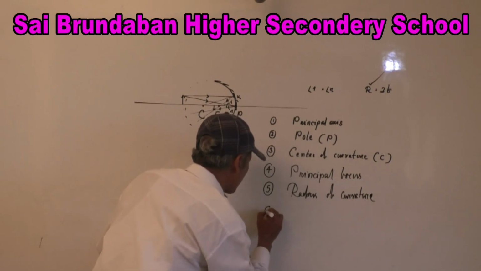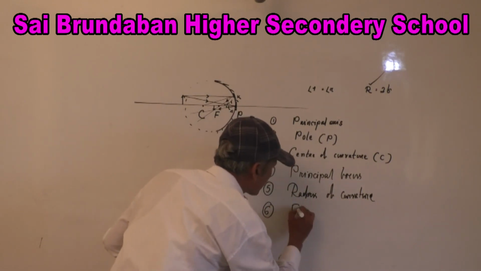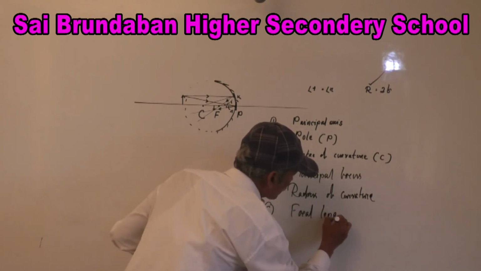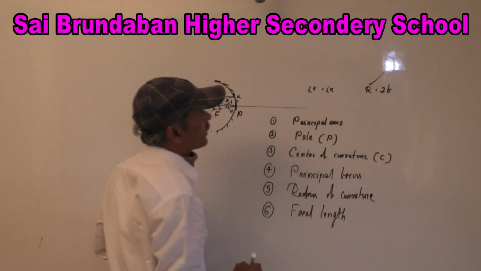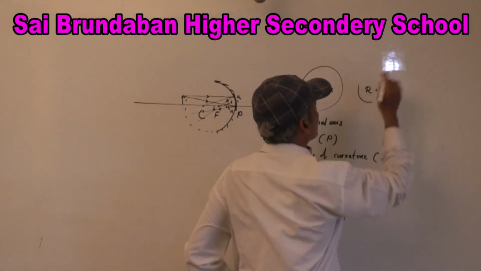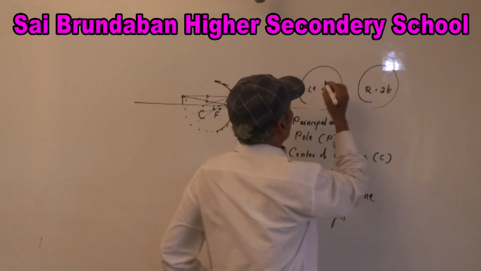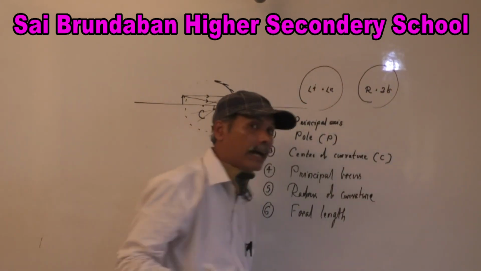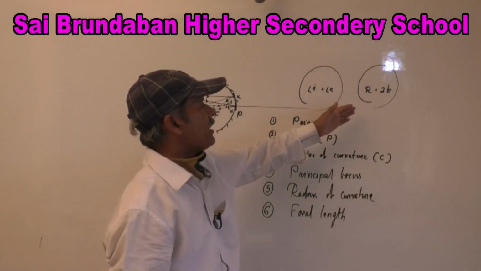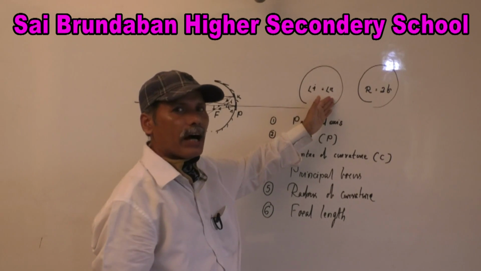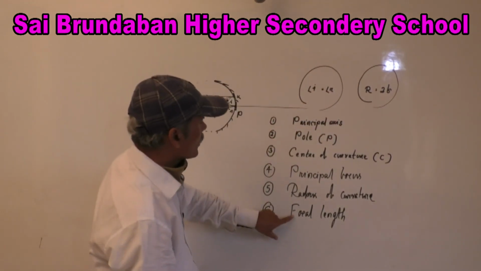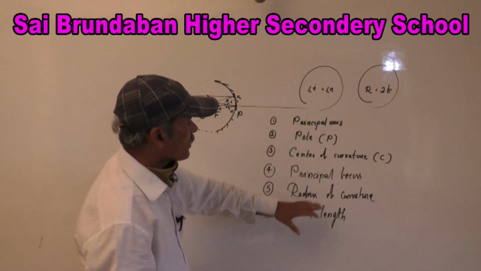Six. These two relations are highly important for reflection: R is equal to 2F, and angle I is equal to angle R. So now you have covered radius of curvature and focal length.